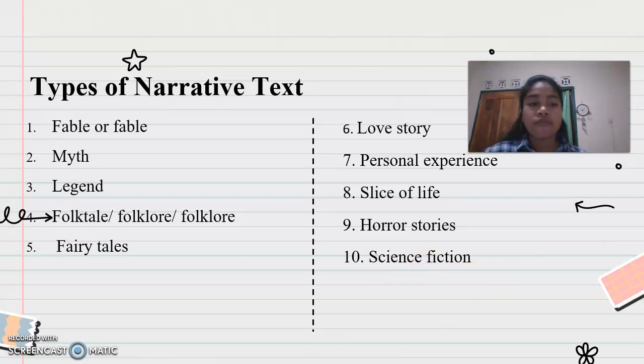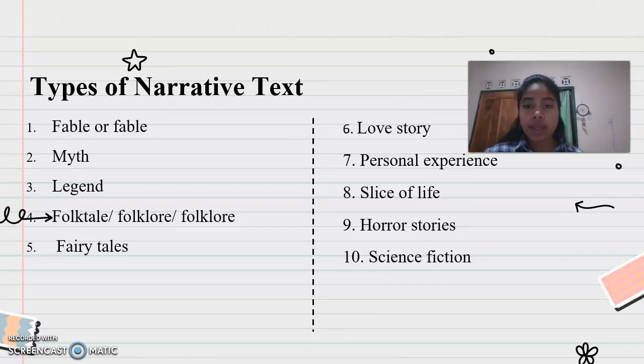It is a type of narrative text that tells scary stories, generally such as ghosts or other astral beings. And the last one is science fiction. It is a story that revolves around things related to science. That is about types of narrative text.